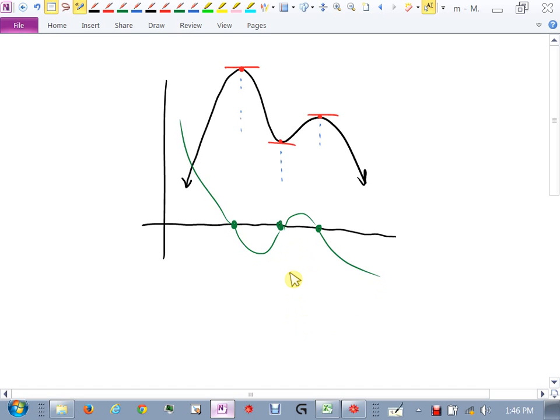So you mean to tell me that if I want to know where the highest and lowest points of this graph are, I actually need to find the x-intercepts of that graph? Yes? And that's what we'll do. Does that make sense? If I want to know the highest and lowest points of a graph, if I can find its derivative, I just need to find the x-intercepts of the derivative. And then I will know, well, potentially the highest and lowest points on the graph.